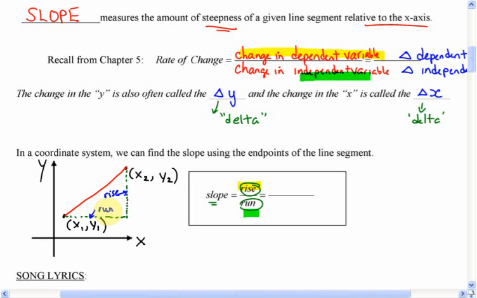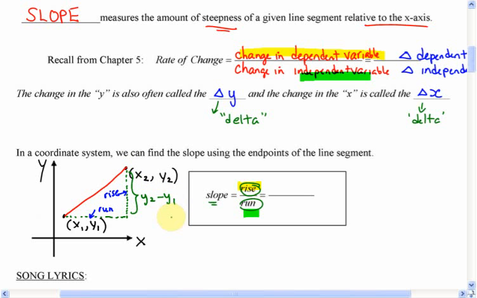I know you guys hate formulas, so I'm going to show you an interesting way of actually memorizing this formula. Now, can someone help me out? How can I find the rise if you're given the y2 value and the y1 value? How do I calculate this distance? Yeah, y2 minus y1. Subtract. Excellent. So can you please write here that this distance in green is just y2 minus y1.